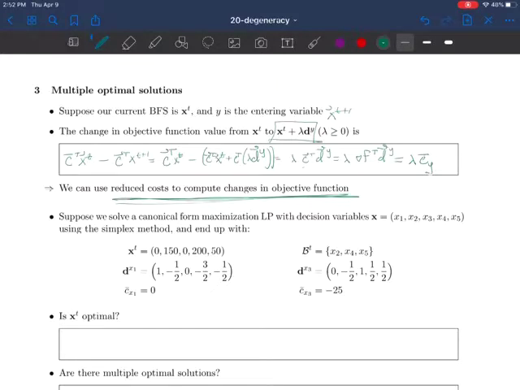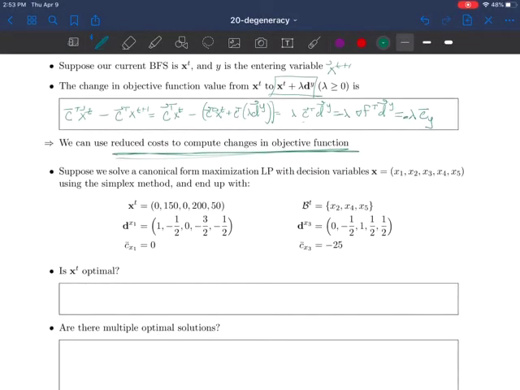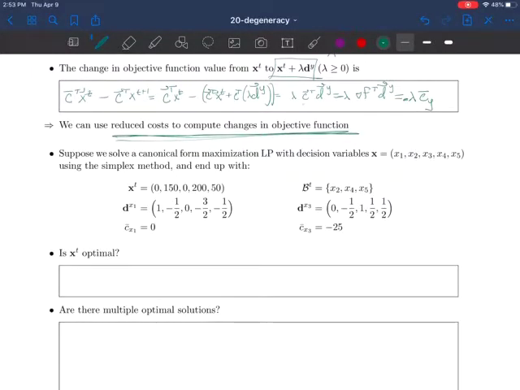So we can use reduced cost to compute changes in our objective function. The step size times the reduced cost is the change in the objective. I'm sorry, I should put a minus in front of this. If this is negative, we are improving in a max problem. If it's positive, then we're improving in a min problem. The signs did flip.